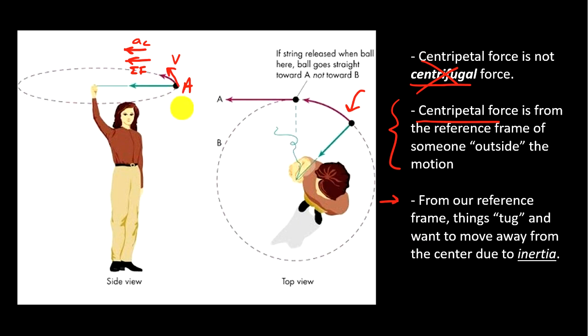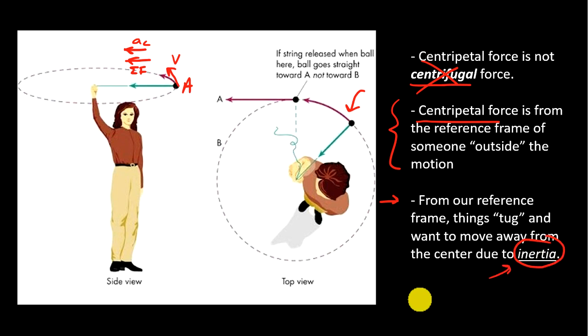The last thing here is a very common question and a very real experience. If you're swinging this ball, you feel the ball tugging on your hand. Or in the second diagram, if the string was to snap, the ball is not going to keep moving in a circle; it's going to follow this trajectory. But that's not because of a centrifugal force pulling it away from the circle, it's just the inertia of the object.